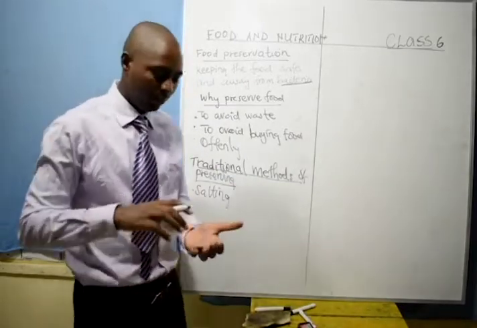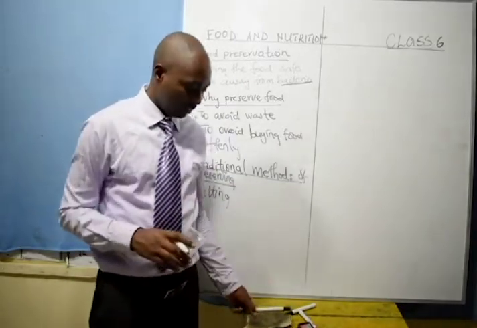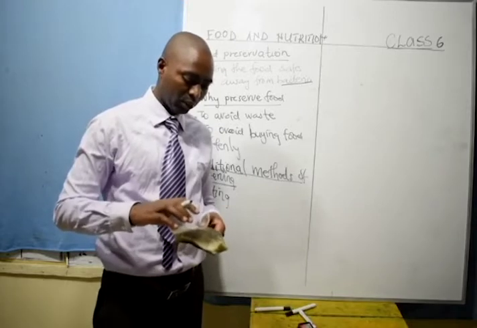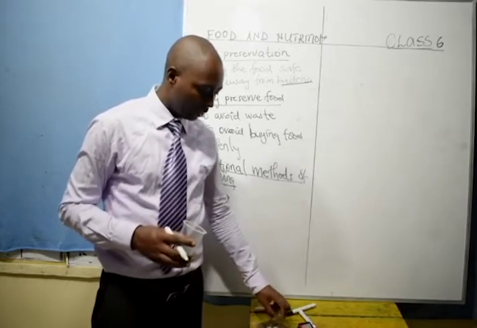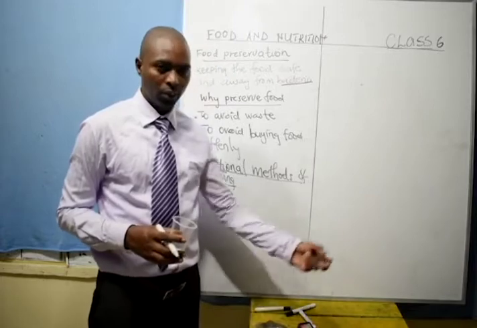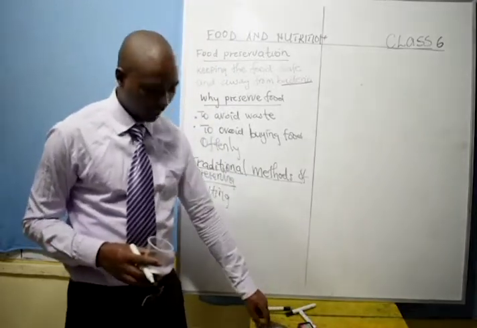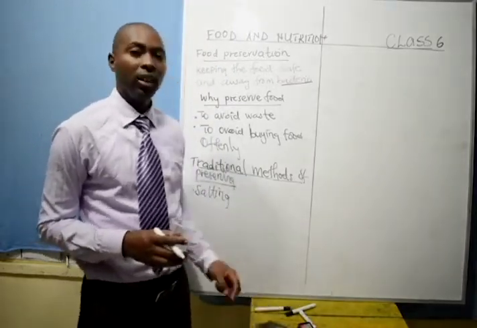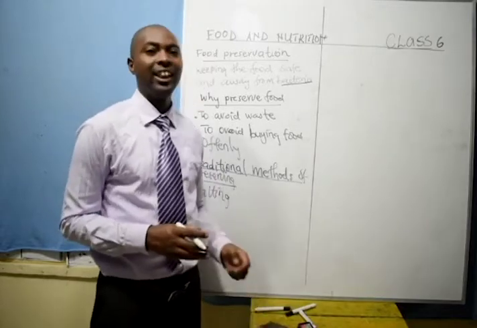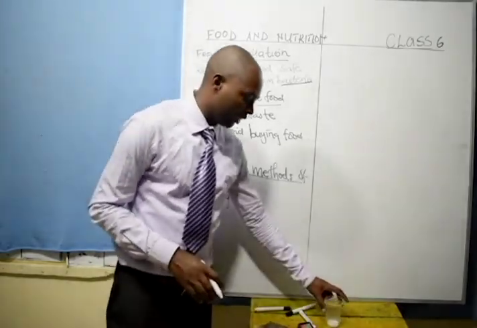What they did, they would get meat. If this was a piece of meat, then they would put salt on it. And then the salt would dehydrate. It would remove water. That's what we call dehydrate the meat. And also kill the bacteria that had surrounded the food.